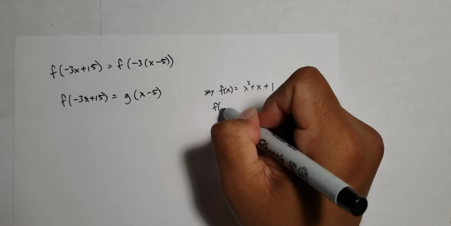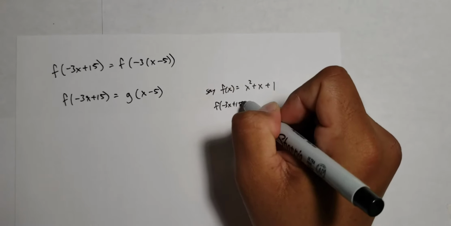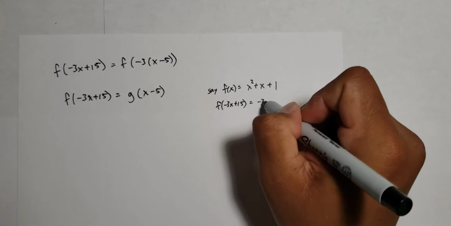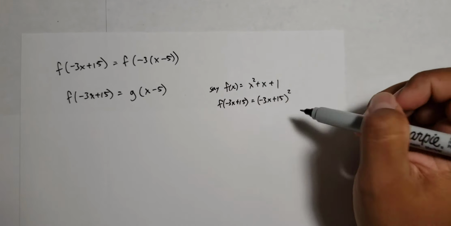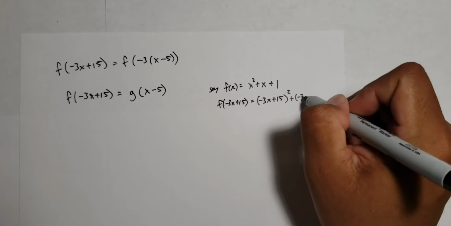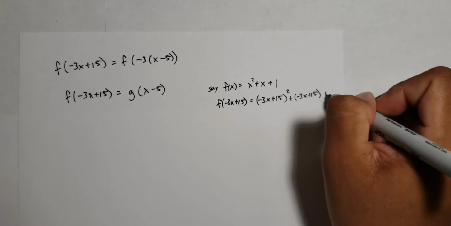Then f of negative 3x plus 15 is going to be negative 3x plus 15 squared plus negative 3x plus 15 plus 1.